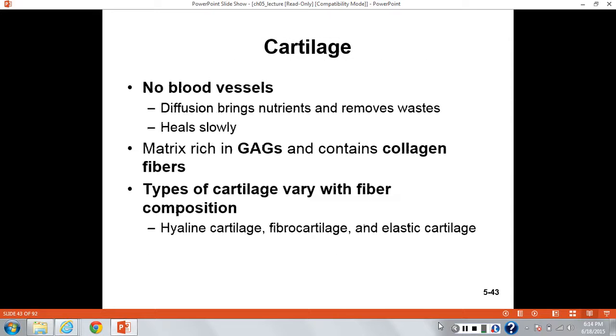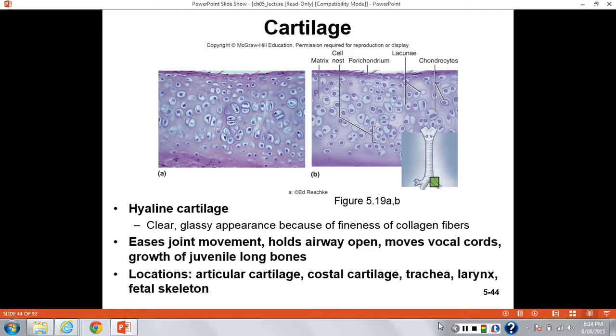Okay. Again, cartilage, no blood vessels, so they get their nutrients and remove waste by diffusion coming in. So you got three types: hyaline, fibro, and elastic. Okay. Hyaline. Where do you find hyaline at?